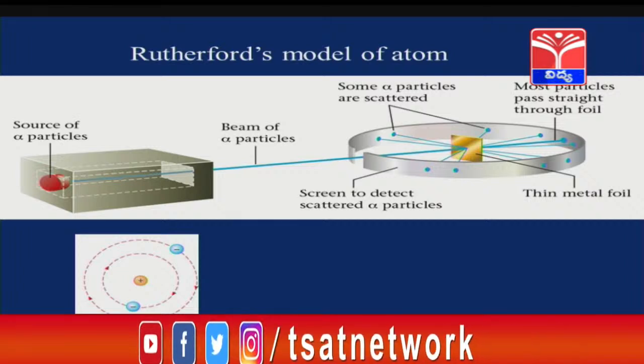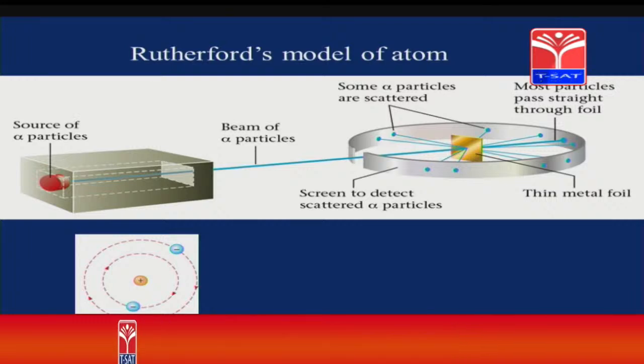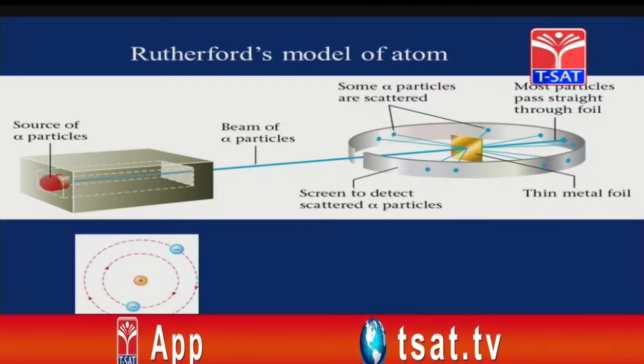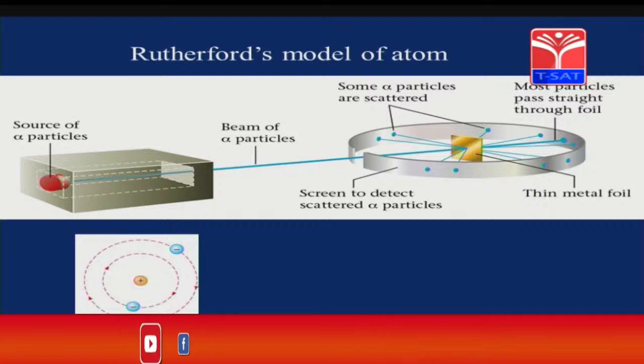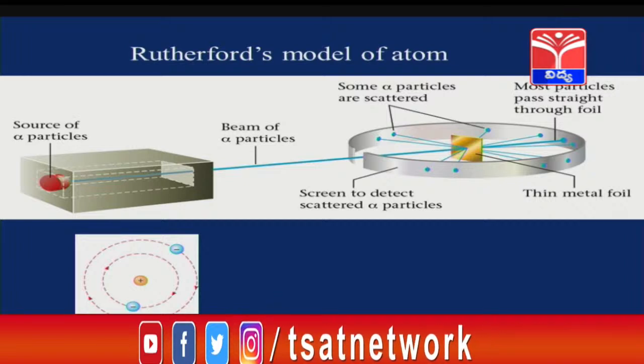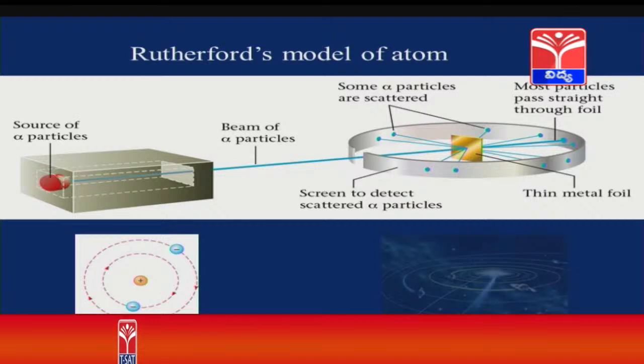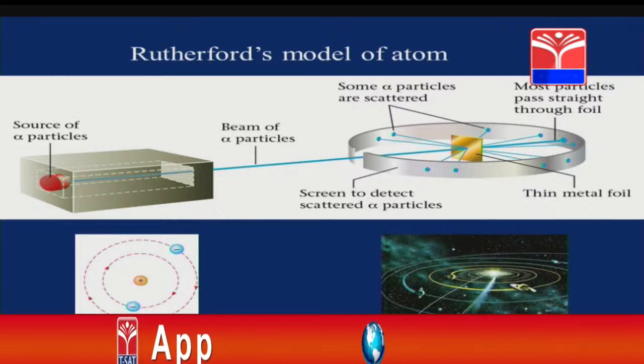A very small region of space inside the atom is in the center of the atom. In this small region, all the positive charge and mass of the atom is accumulated, which is known as the nucleus of the atom. Around the nucleus, the electrons revolve in circular paths like planets in the solar system.